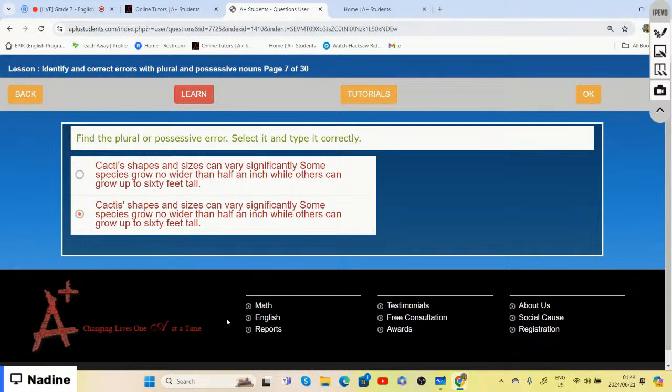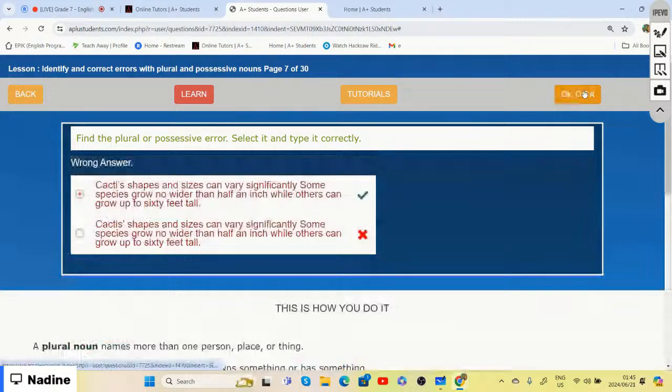Because we are saying that the cactus, the shapes, we're referring to more than one cactus, right? So we're talking about their shapes, right? So we are referring to the cactus's shapes, but they are more than one cactus, and we are making mention of their shapes and their sizes. Ah, so it's actually one cactus. I apologize for that one.